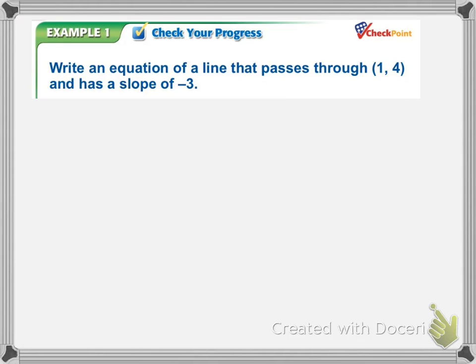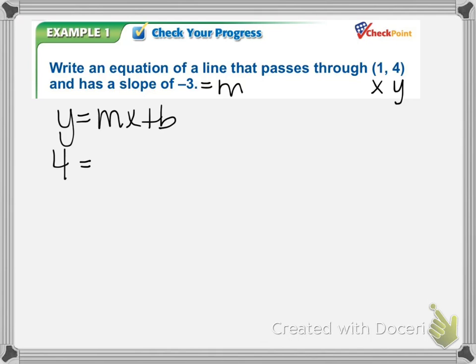Okay, so let's do another one. If you feel pretty confident, go ahead and pause and give this one a try. So when we label our point, we have x and y, and we have an m. So you have your formula, y = mx + b, and then you plug stuff in. So you have 4 = -3 times 1 + b.